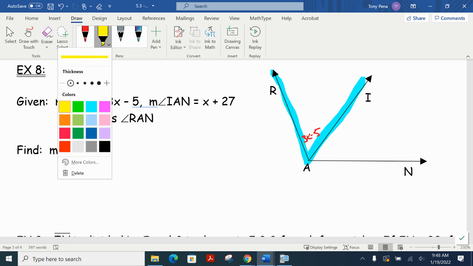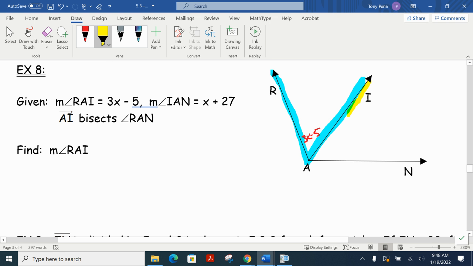Next, you were told that the angle that goes from I to A to N, the yellow angle, has a measure of x plus 27. Then you're told that the ray AI bisects this big angle, so this here is cutting these in half.